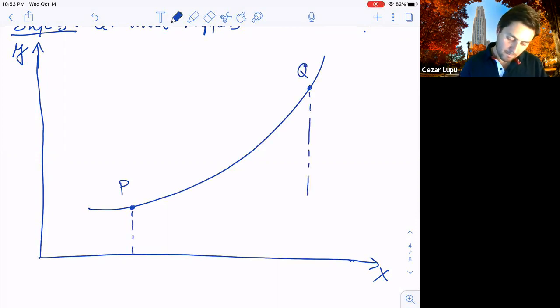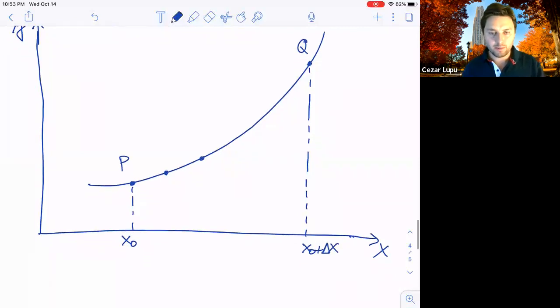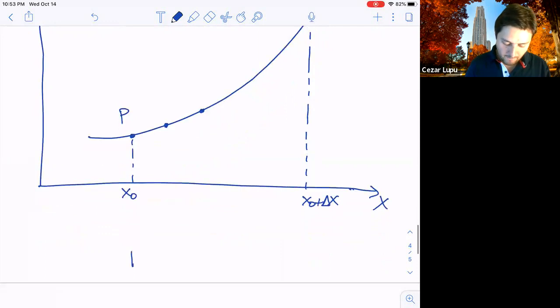I can have more points here. Here it will be x naught, and here I have x naught plus delta x. So the difference between these will be delta x.